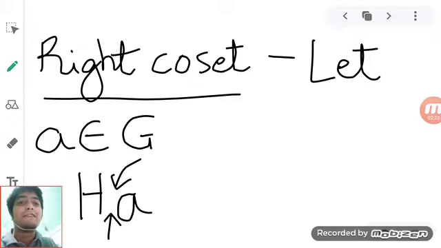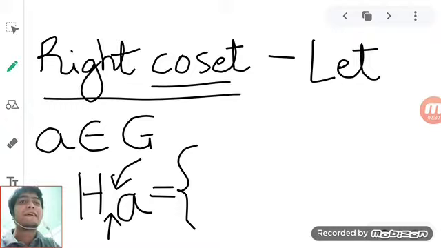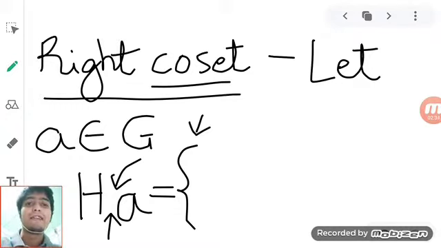So let us define this one. A coset is actually a set, that is why I'm putting this curly bracket. So how will we define it?